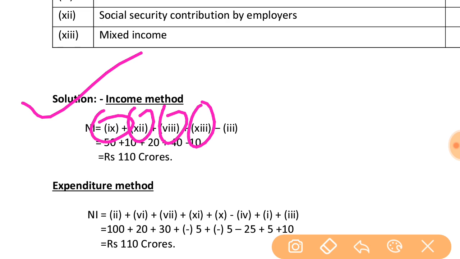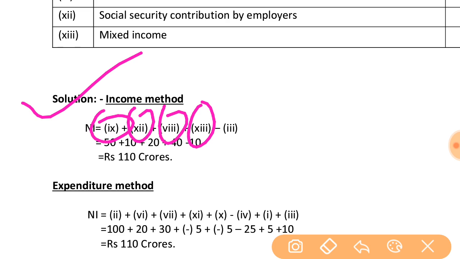See what we added. Here we have added wages. Then we have added social security contribution by employees, which is part of income. And again we have added operating surplus, meaning whatever income is gained by the owners from his industry.